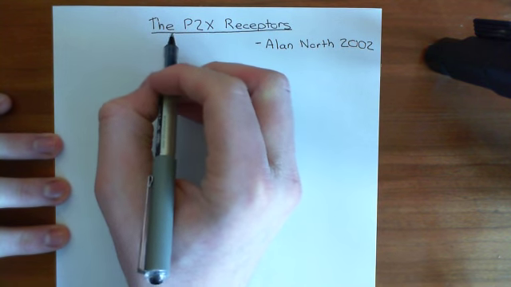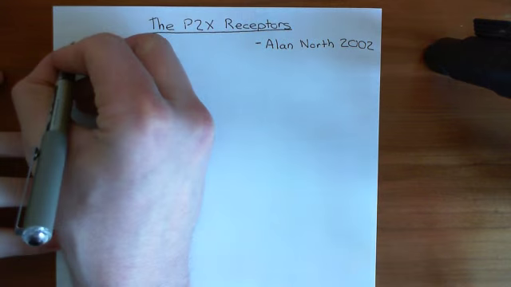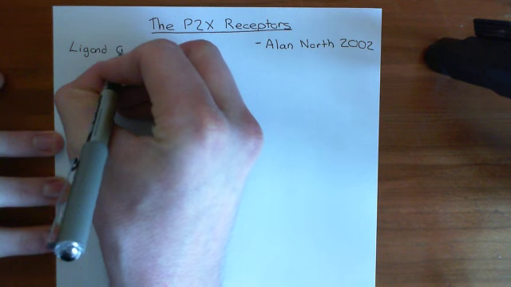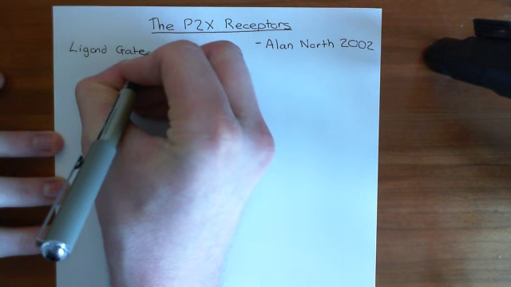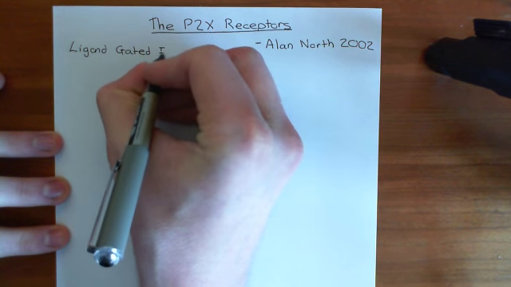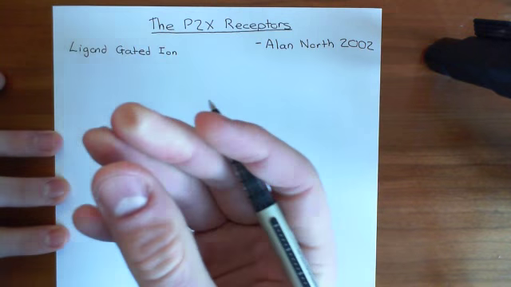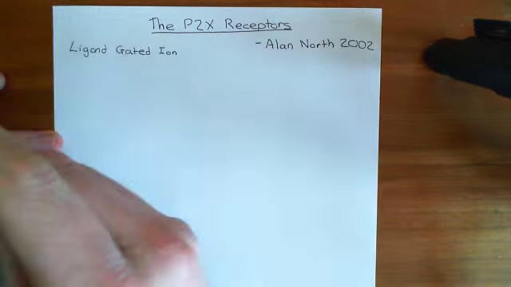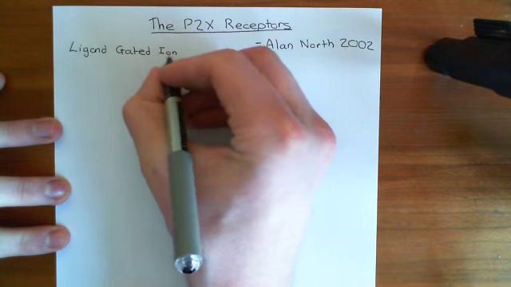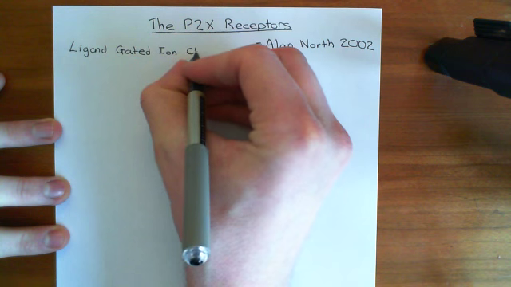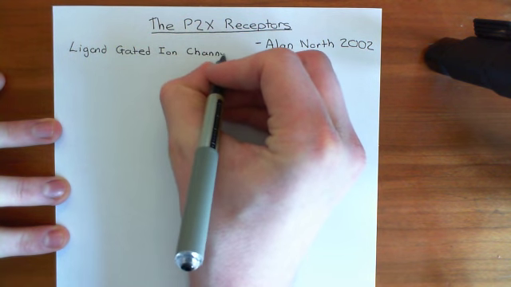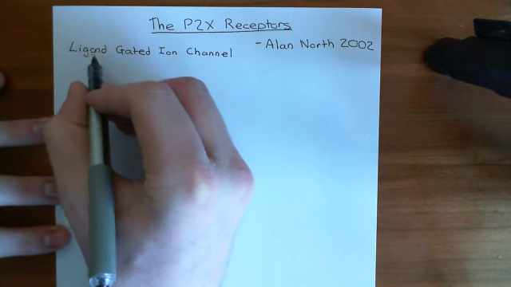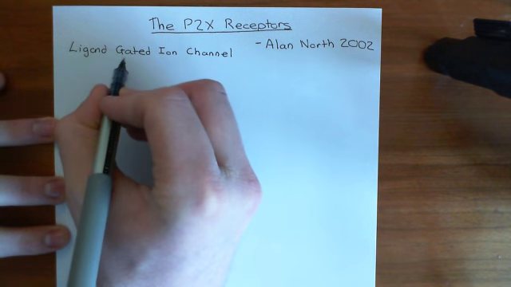So, what we're going to start off with is the categorization of ligand-gated ion channels into these three different families. Firstly, what is a ligand-gated ion channel? Well, the name tells you exactly what it is. It is an ion channel, a channel which conducts some sort of ion, maybe a sodium ion, a potassium ion, a chloride anion, a calcium cation. Usually it is closed. However, when certain ligands, just molecules, bind to it, they cause it to open.